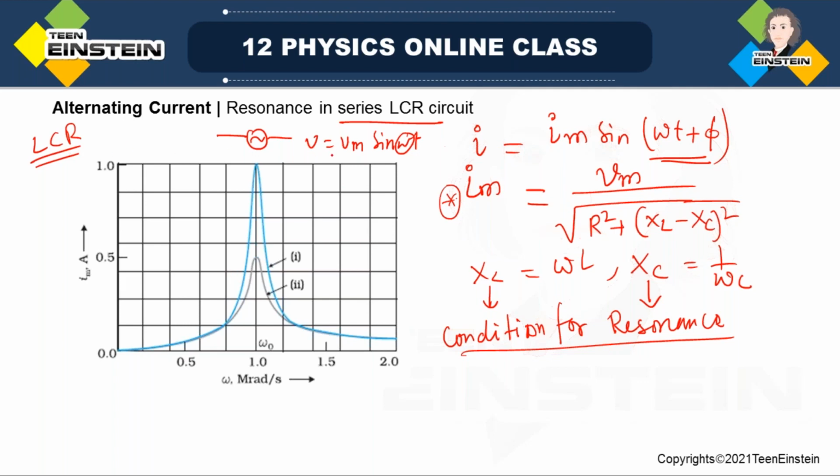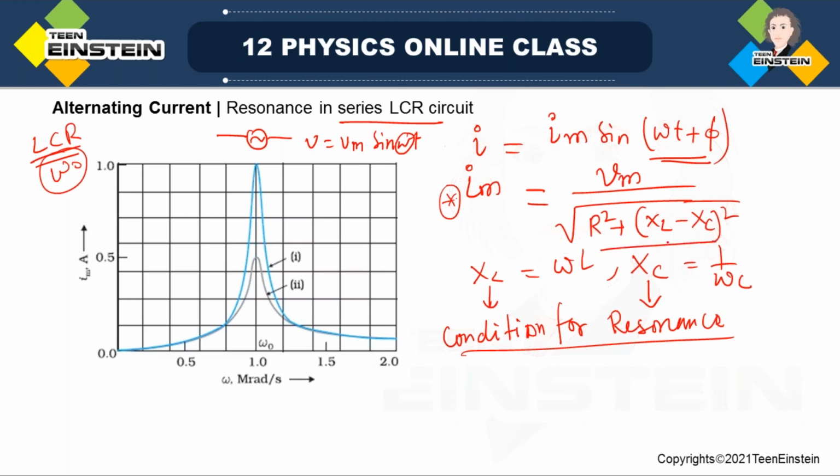When the natural frequency of oscillation, omega 0, becomes equal to omega, the frequency of this oscillating voltage, then there will be a resonance in the series LCR circuit, and the current in that case will be maximum in that circuit.